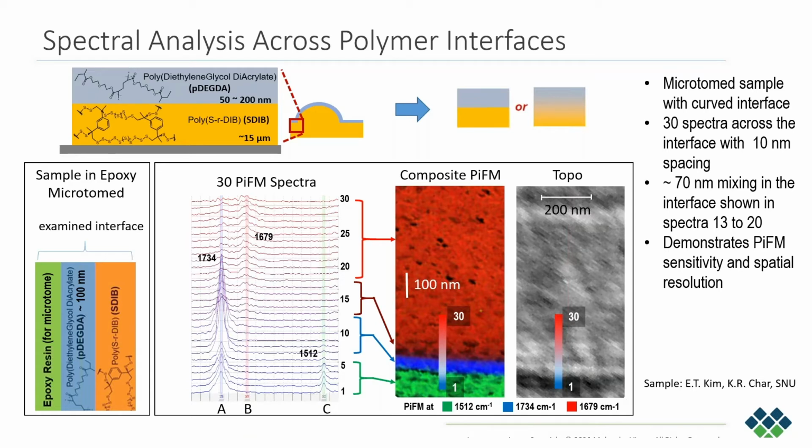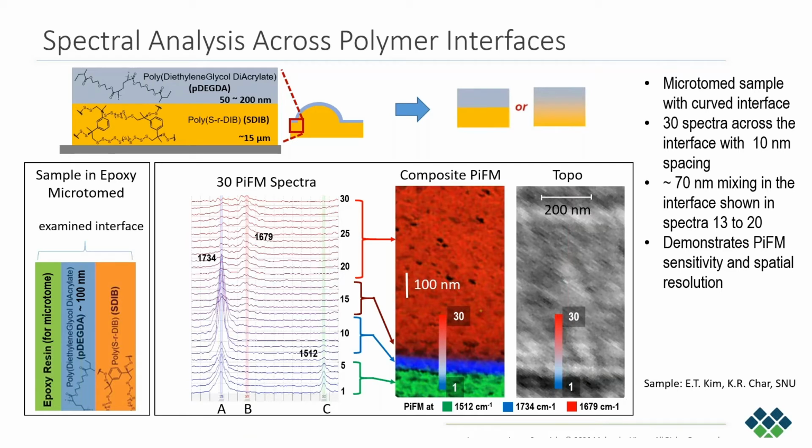You can see that the interface between the epoxy and the PDAGDA is very sharp, the green to blue, but the blue to red interface has a transition in terms of grayscale.